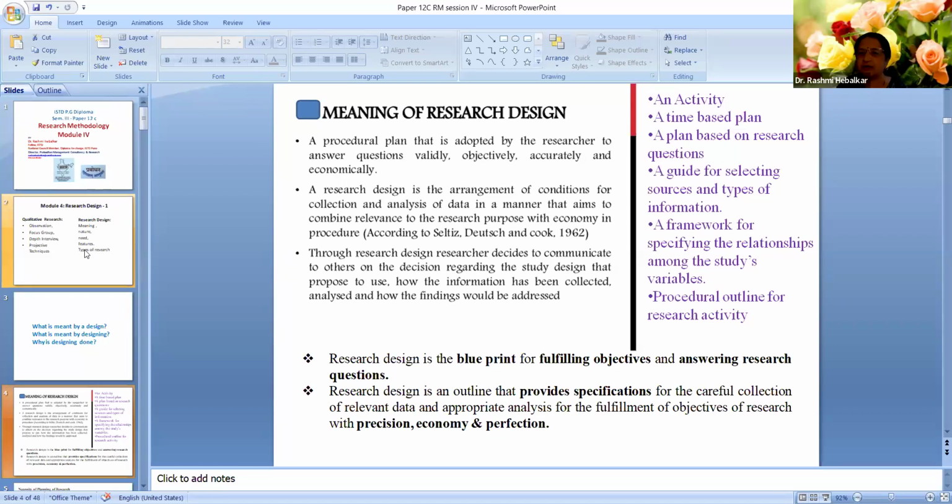So step by step, how you will proceed for research, that also is covered in research design. So on the left, in 3 bullets, you will find 3 definitions of research design. I request you to read these 3 definitions, and if you have any query, do ask.